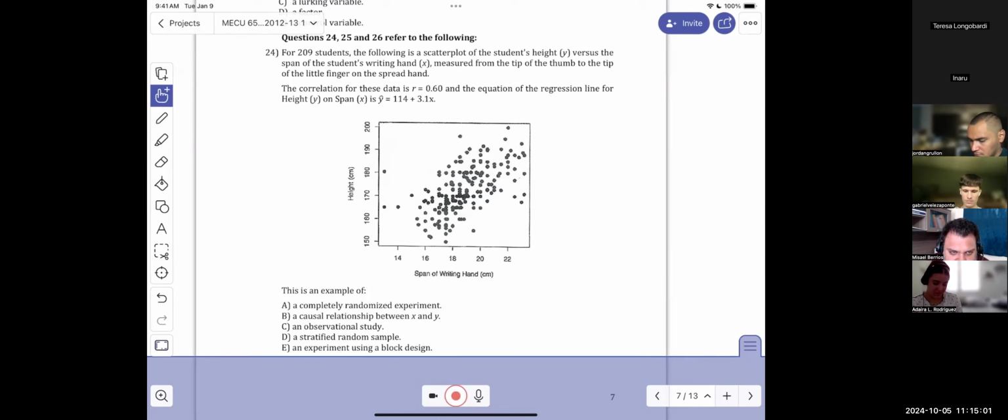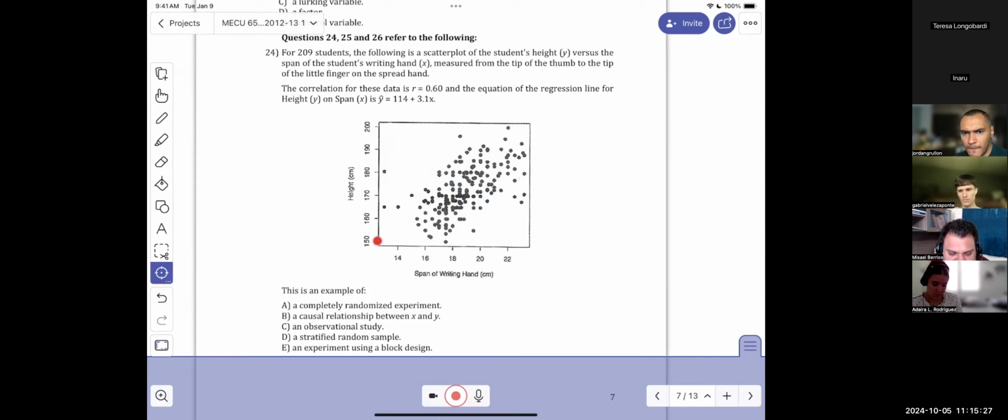And the correlation for this data is R equals 0.6, and the equation of the regression line for height on span is that prediction line. So they're giving you the line that goes through here.